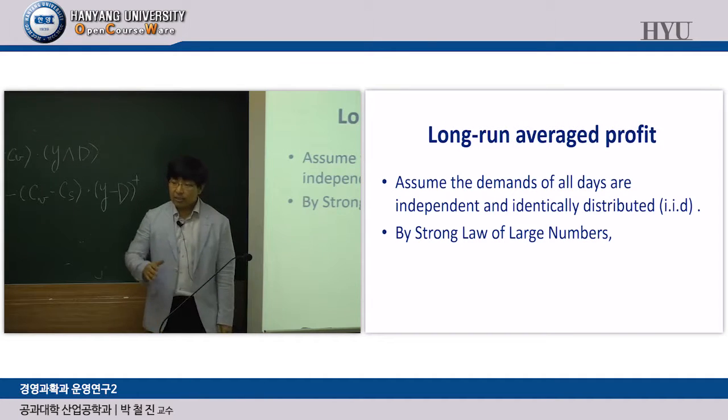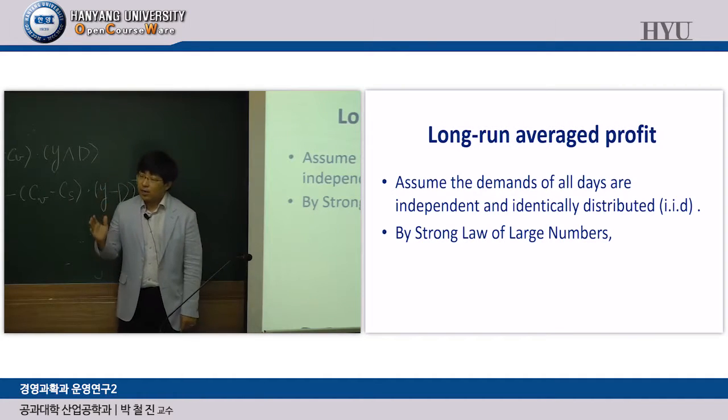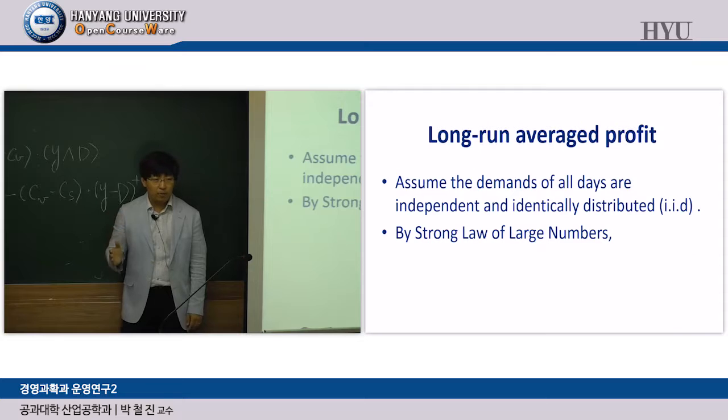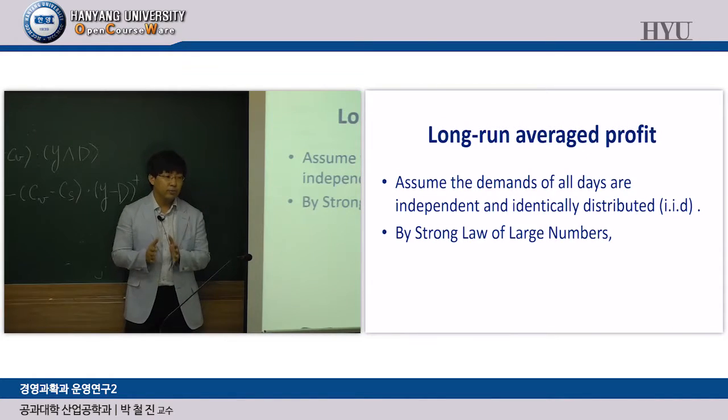In this case, the very important characteristic of this problem, from the stochastic process point of view, is that the demand does not change and the profit function does not change as time goes on.